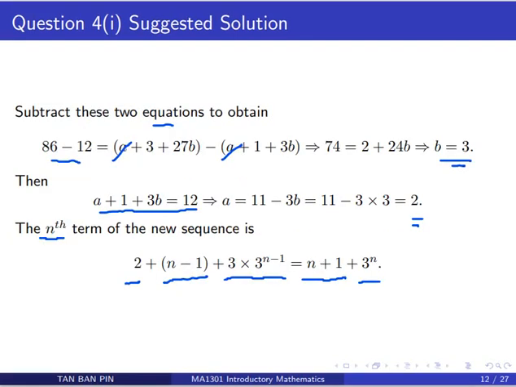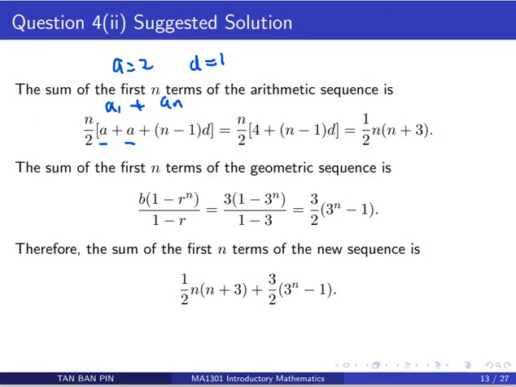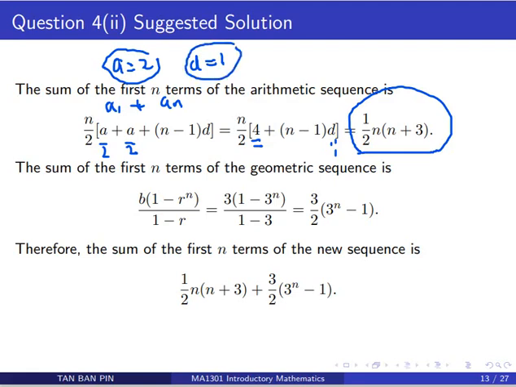So for the AP, the first term is 2. You sub a as 2, and 2 and 2 give you 4. d you sub as 1. So Sn will be half n times n plus 3, after you sub a as 2, d as 1 into the formula for finding Sn of AP.